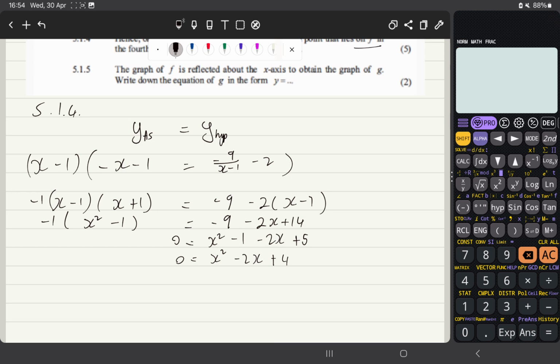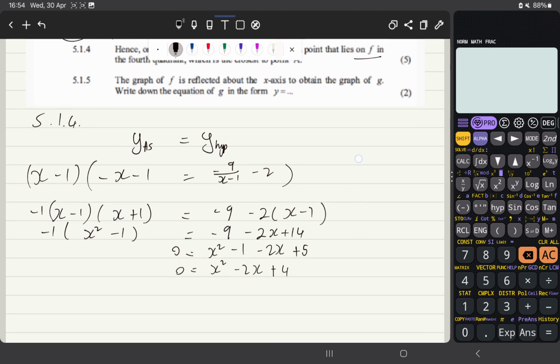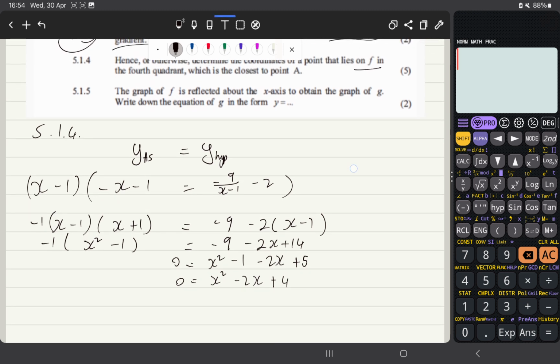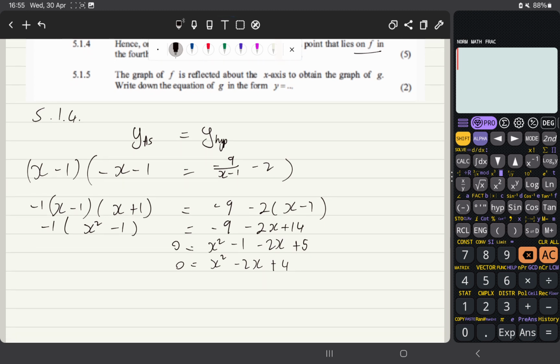No, let me look through, I might have made a mistake here. My hyperbola is fine. Minus 1. Okay, I'm seeing the mistake. This is where I made the mistake. This is 1, and I made it look like 7. Sorry for that, I just noticed.